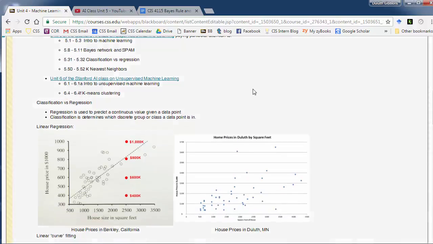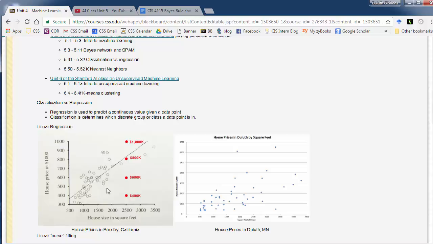So that's classification. Regression is taking, again, a set of data points, and then not breaking them into categories, but predicting some other continuous value from those. So, for example, if we have a bunch of data here for house prices, we could predict, given the size of a house, how much it should cost.